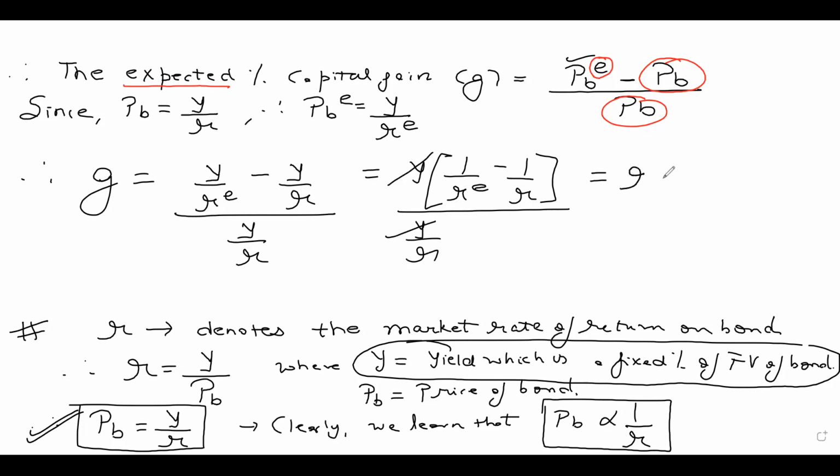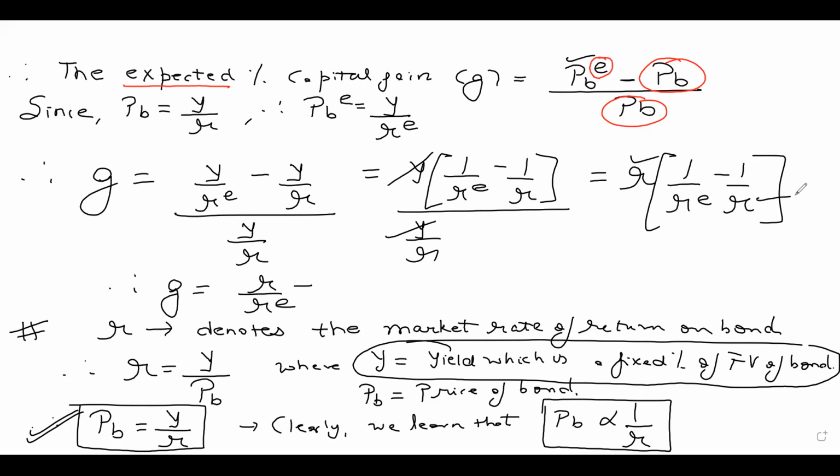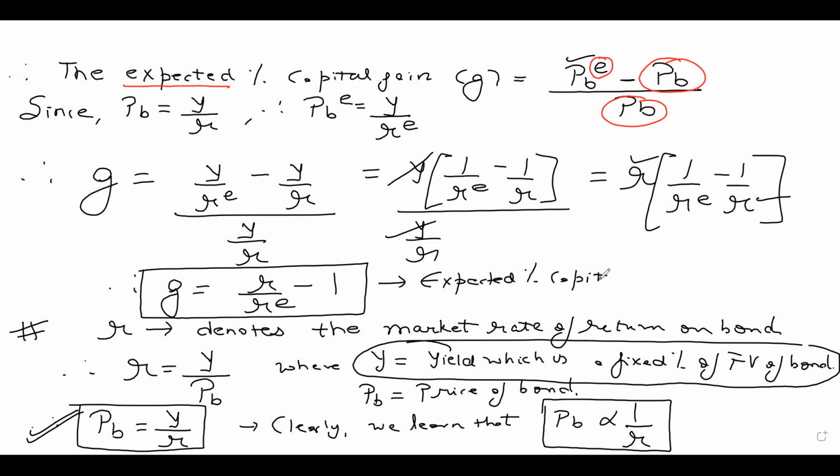Y cancels. R comes in the numerator. So my G is nothing but R upon RE minus R divided by R is 1. This is my expression for expected percentage capital gain on the bond. You can clearly see it depends upon the market rate of return and the expected market rate of return, R and RE.